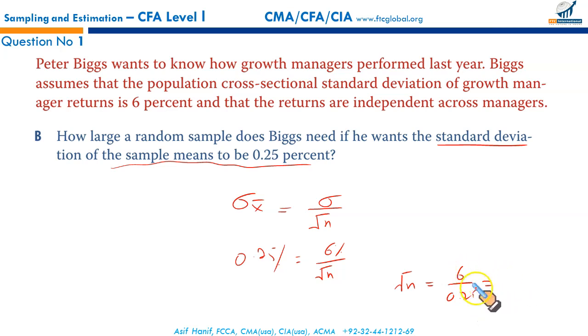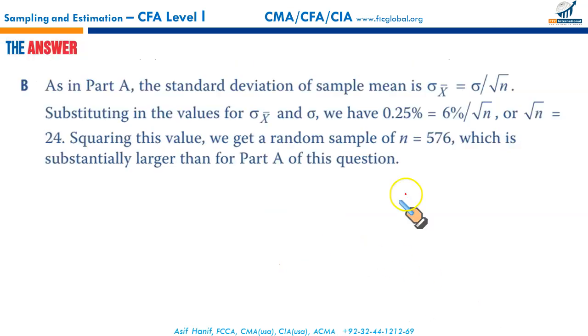It's going to be 24. And now squaring both sides will give you n is equal to 24 squared, which is 576. So that's your answer. The sample size is 576.